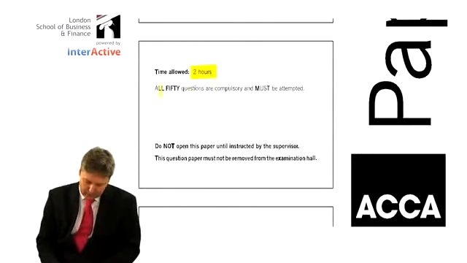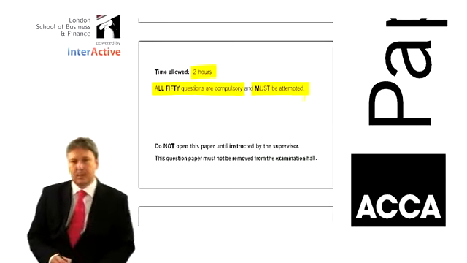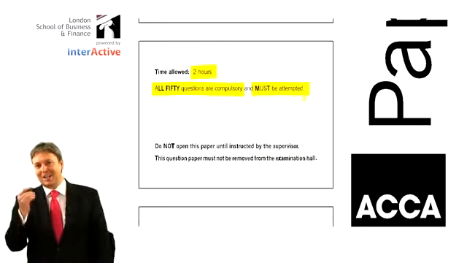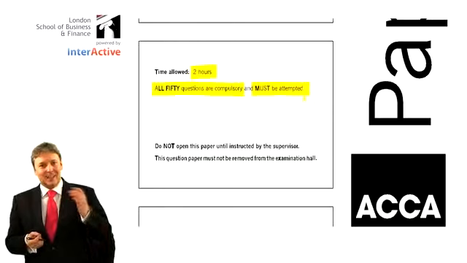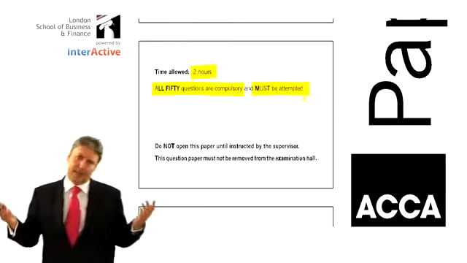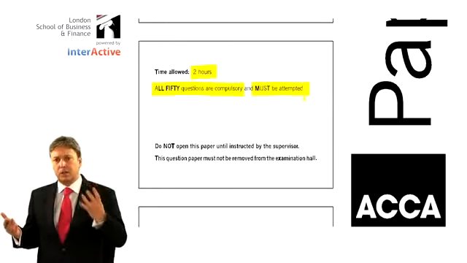Two hours allowed. All 50 questions are compulsory and must be attempted. Well, yes, it doesn't matter how good or bad you are at specific questions. In the exam, you must make sure that you attempt everything, even if it's a guess. Remember, even if there are 4 answers, you've got a 1 in 4 chance of getting it right.